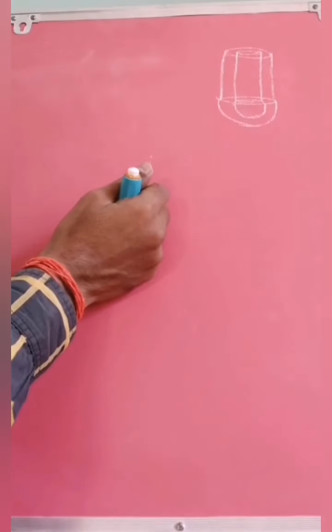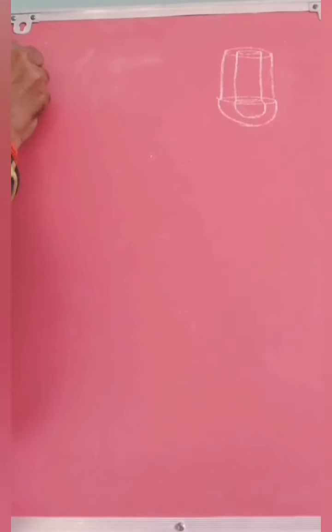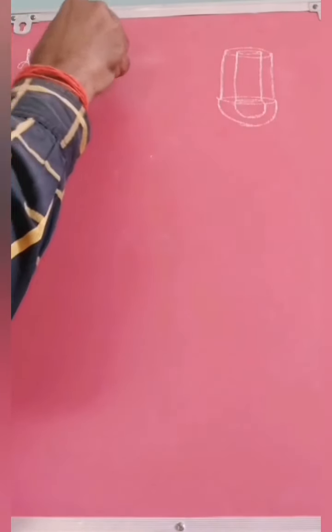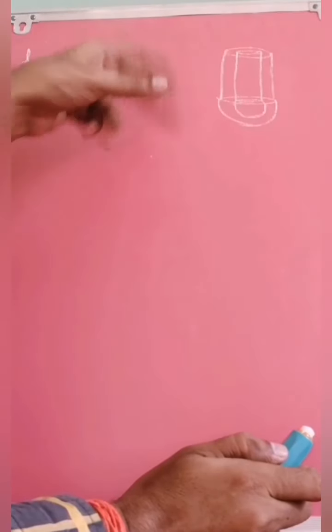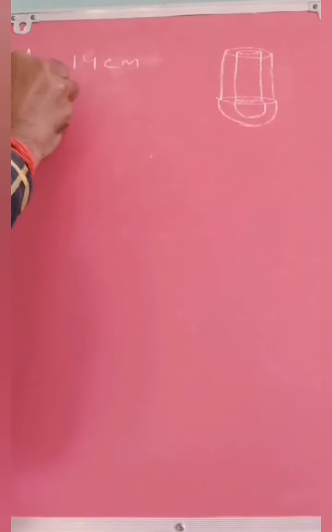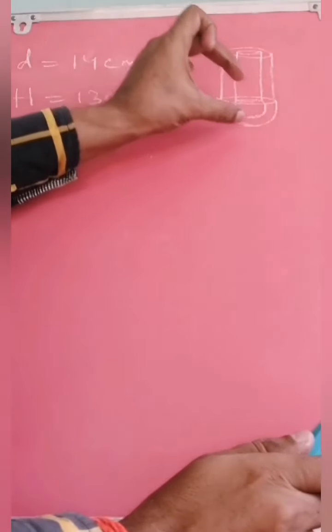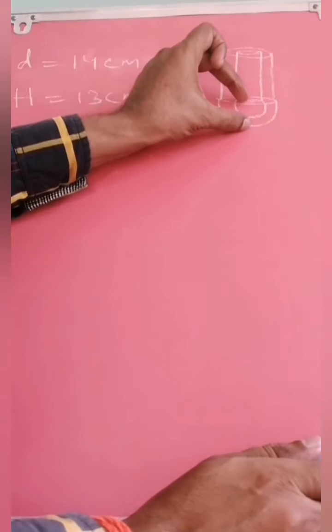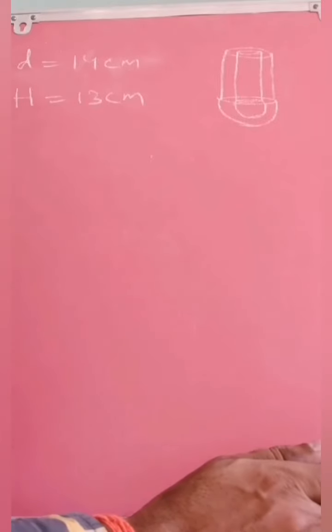Okay, and it is given that the diameter of the cylinder is 14 cm and the total height of the solid is 13 cm. Total height H is equal to 13 cm. Total height means the hemispherical part height plus the cylindrical part height is equal to 13 cm.